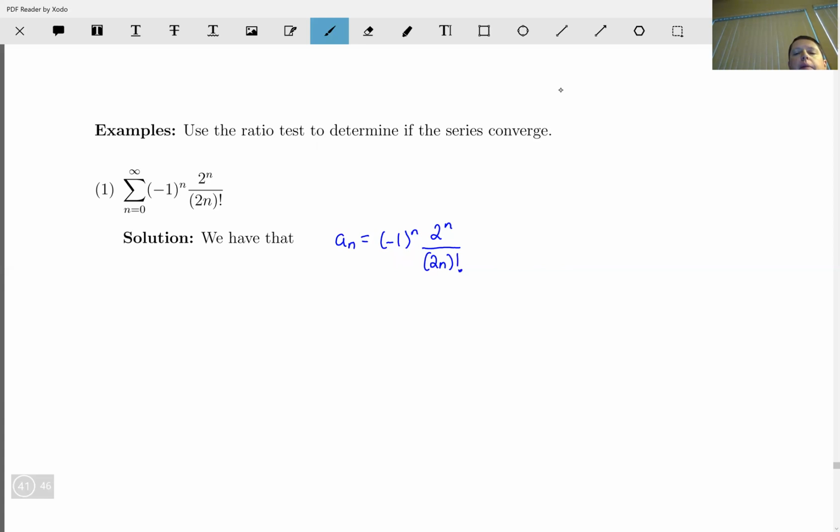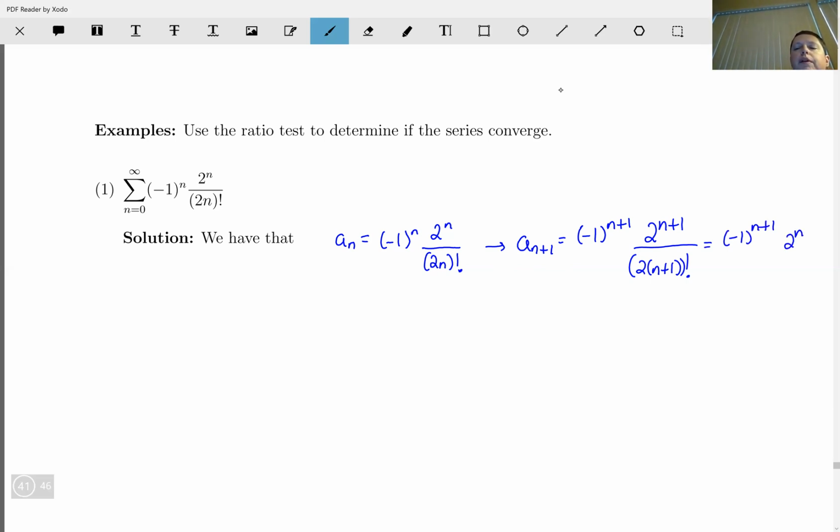And so for the n plus first term, we replace n by n plus 1. So I have negative 1 to the n plus 1, 2 to the n plus 1 over 2 times n plus 1 factorial. So we might want to simplify this real quick.